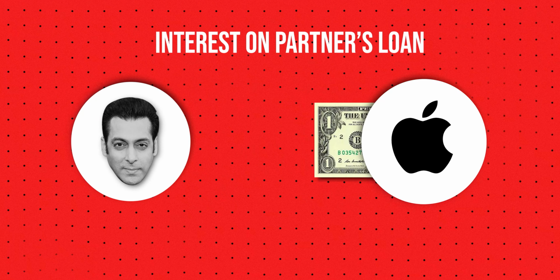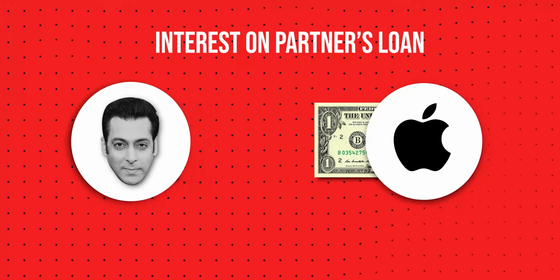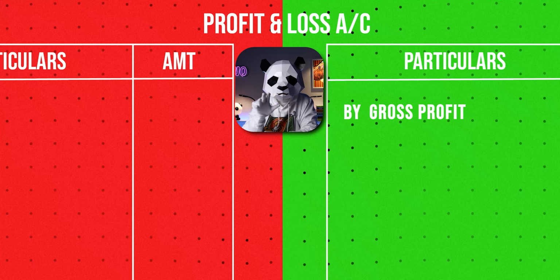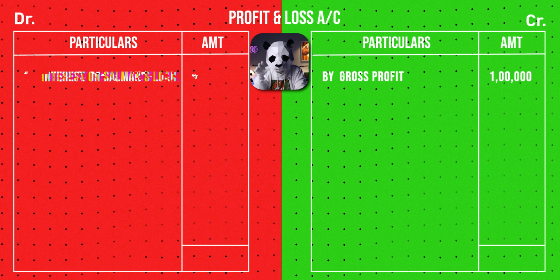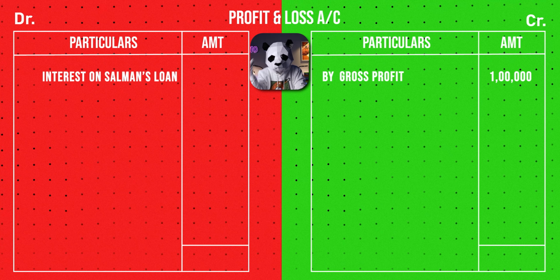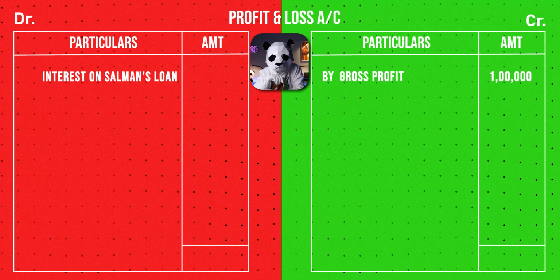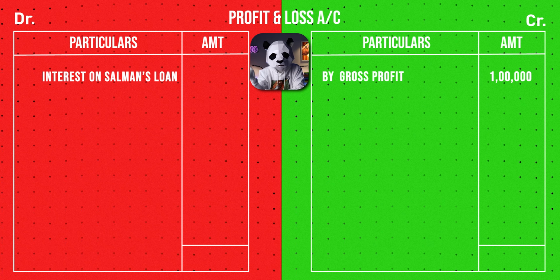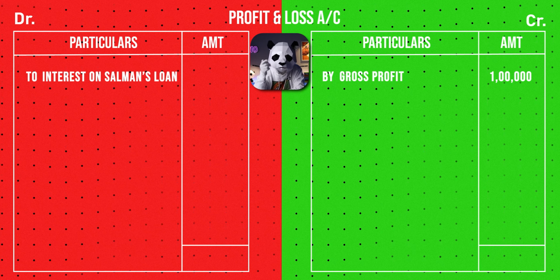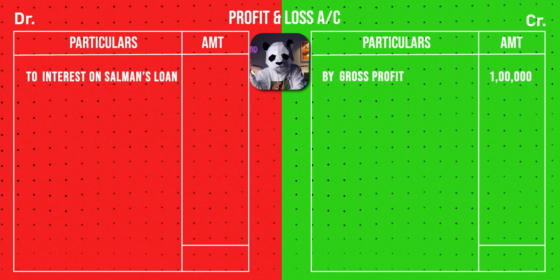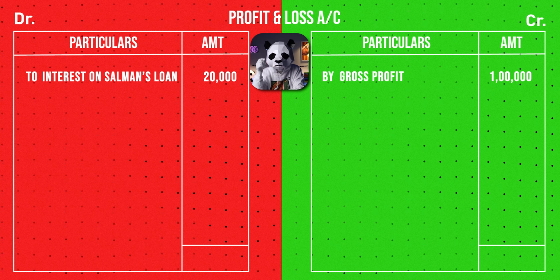And when a business pays interest on loan to Salman, the business is losing money. And obviously, it is a bad thing for the business. So interest on Salman's loan will be written on the left side of profit and loss account. And when you write something on the left side, you have to put the word to before it. So you have to write to interest on Salman's loan 20,000 rupees.